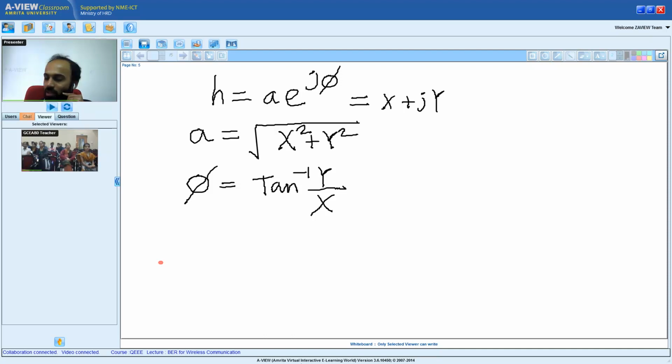Aurangabad. Are you able to follow what I am saying in terms of the amplitude and phase of the fading coefficient? Yes, sir. Okay. So A is equal to square root of x square plus y square. Phi is equal to tan inverse of y by x. Now I want to develop the distribution, the PDF, the density for A and phi.